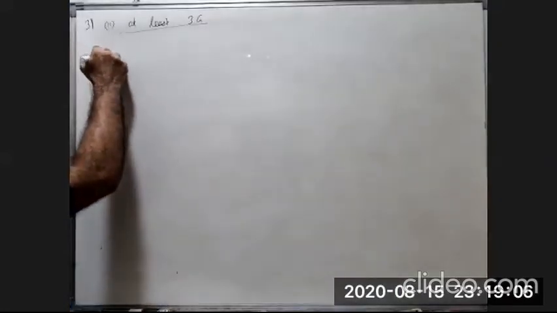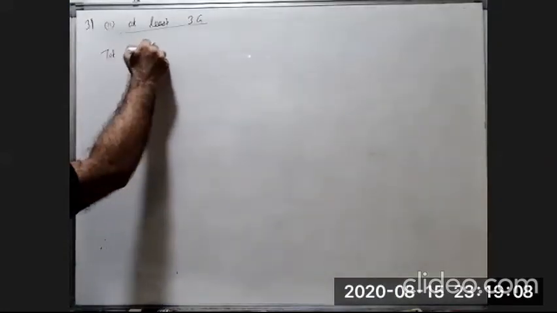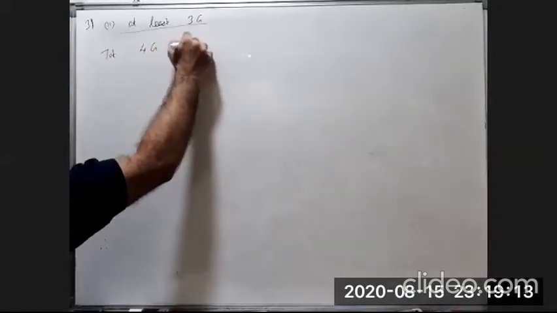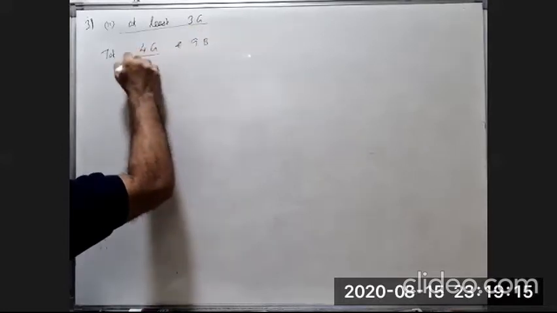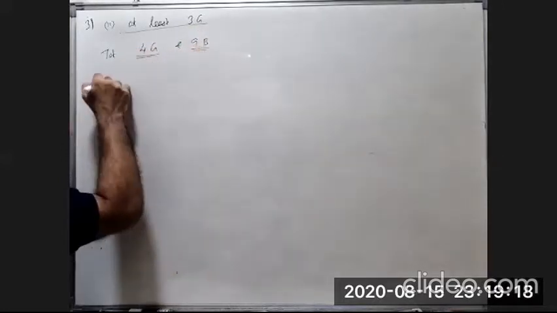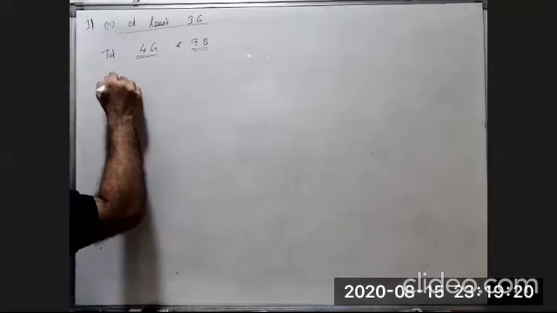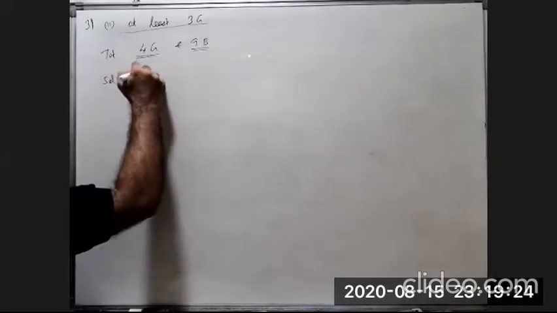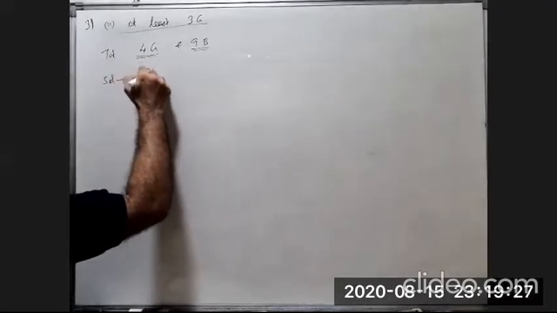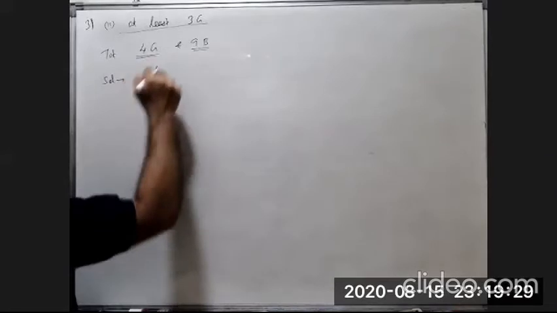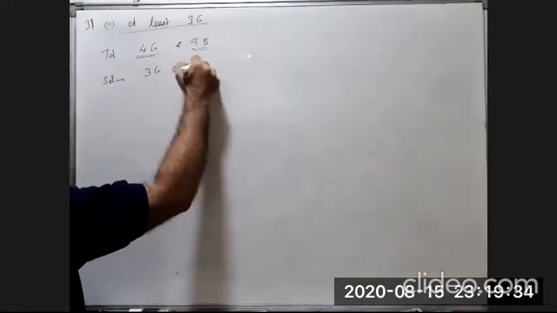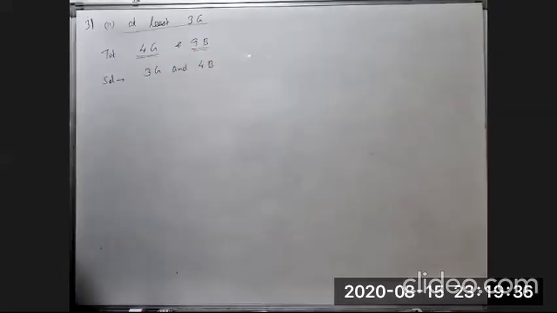We have total availability. What is the total availability? We have 4 girls and 9 boys. Now our selection: at least 3 girls means 3 girls and the remaining 4 boys.